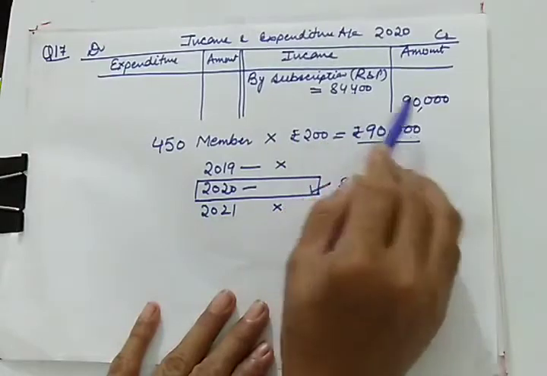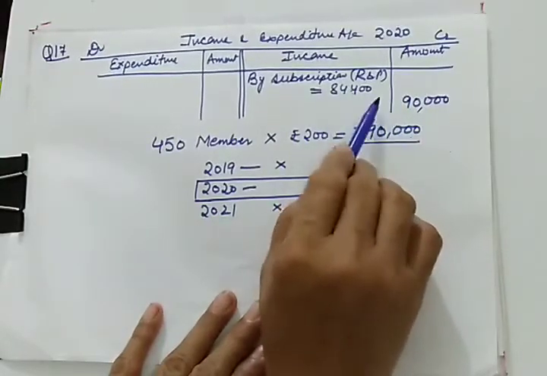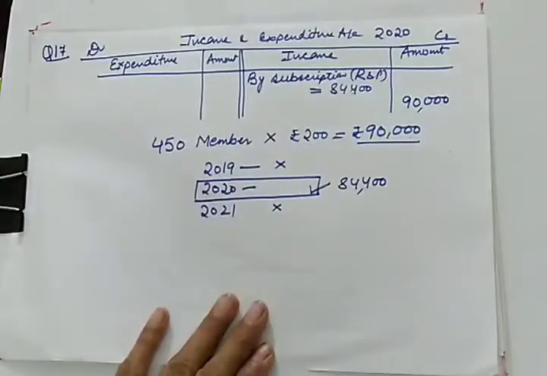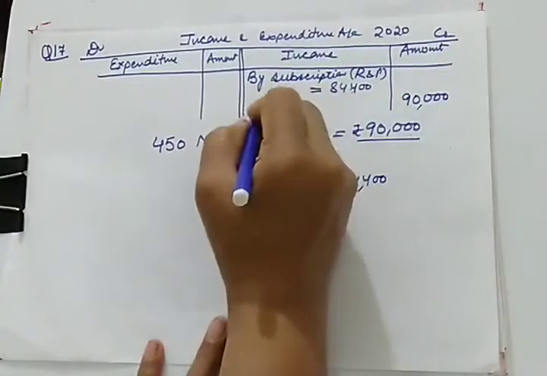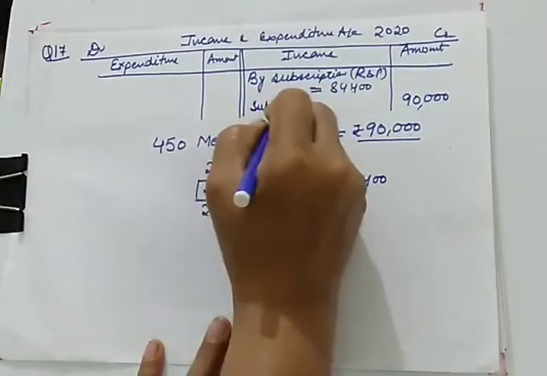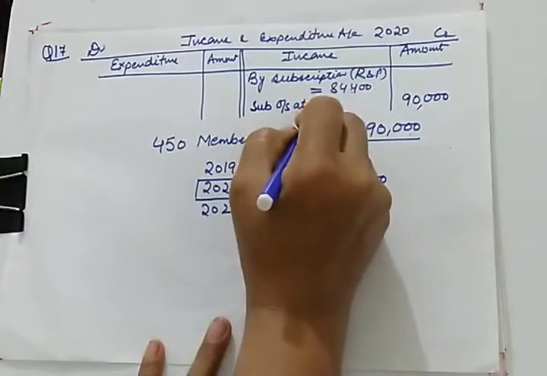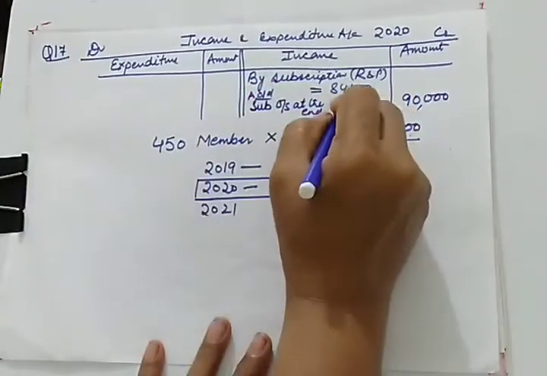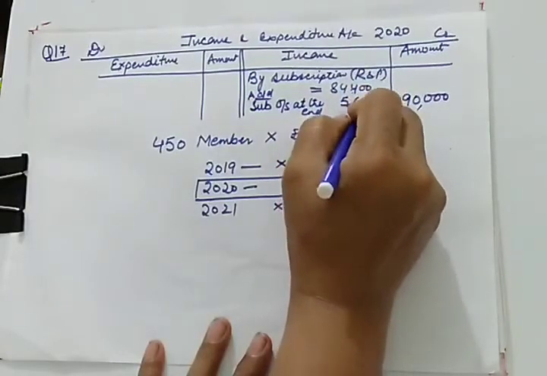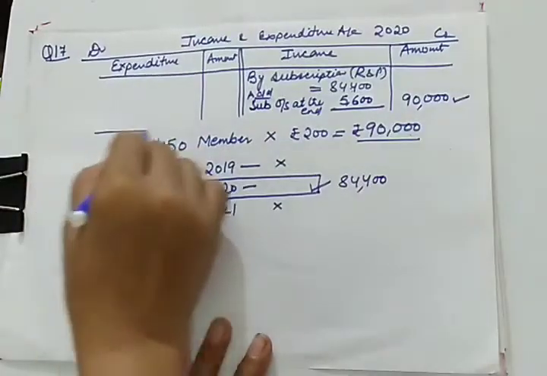If this is less and this is more, it means there are some defaulters who have not yet made the payment towards their subscription. So the difference will be subscription outstanding at the end. We can simply write add subscription outstanding at the end. So this amount will be 5,600. So this is how it is to be done.